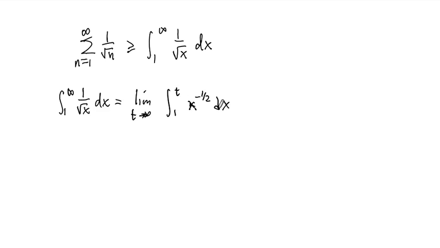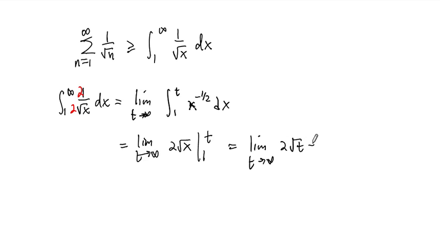Then if I just do this, it's obvious what the antiderivative is, right? The antiderivative is 2 square roots of x. So this becomes the limit as t approaches infinity of 2 square roots of x from 1 to t. And then if we plug in, this is the limit as t approaches infinity of 2 square roots of t minus 2.